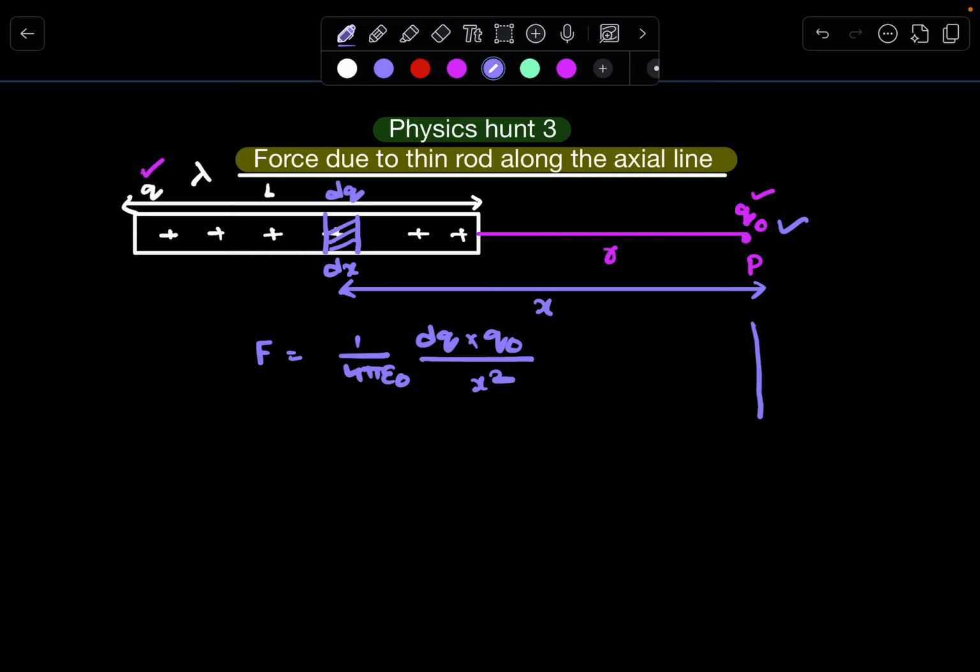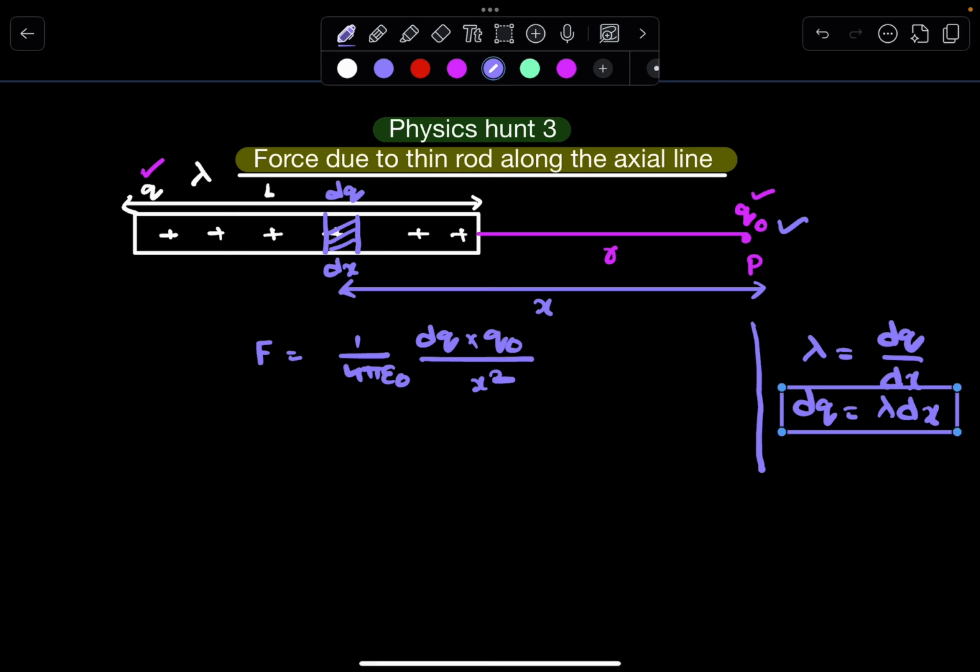As we know, linear charge density lambda is equal to dq by dx, correct or not? So from this, dq is equal to lambda into dx, right? This formula I'm going to substitute in the above expression.